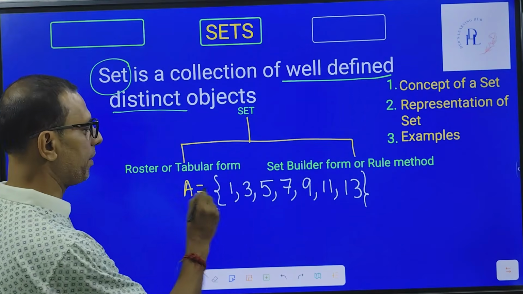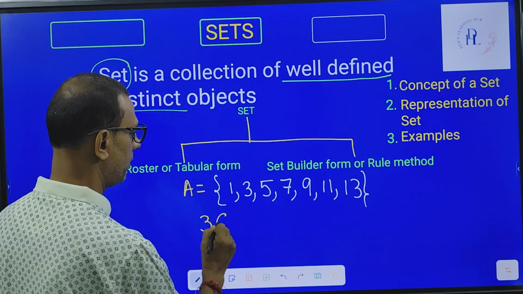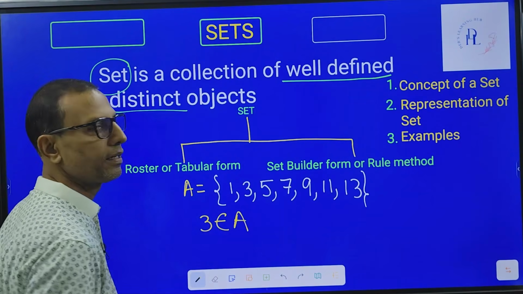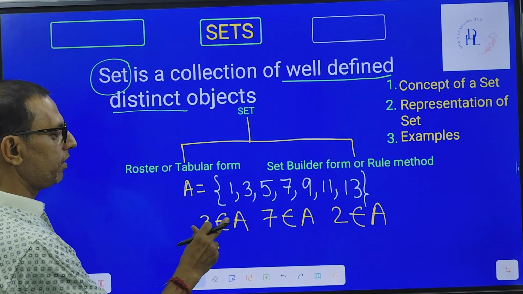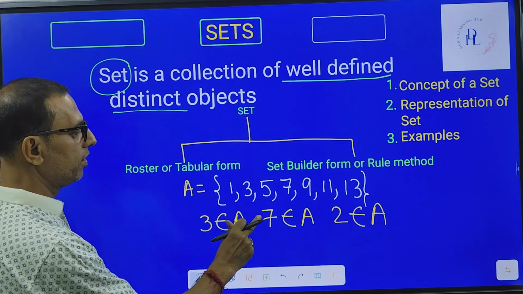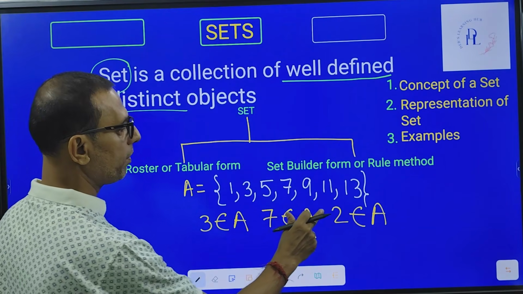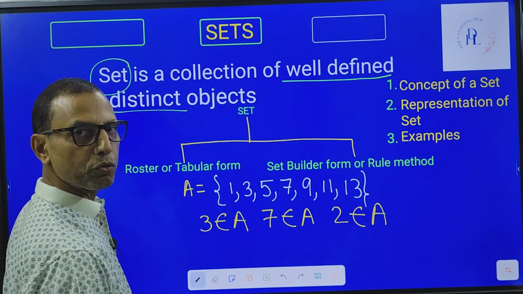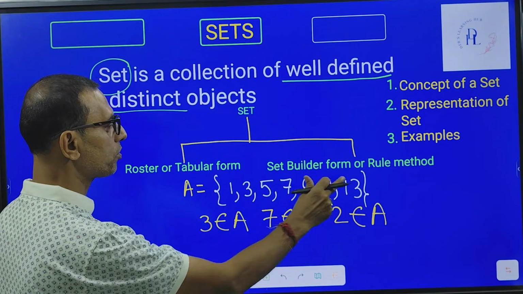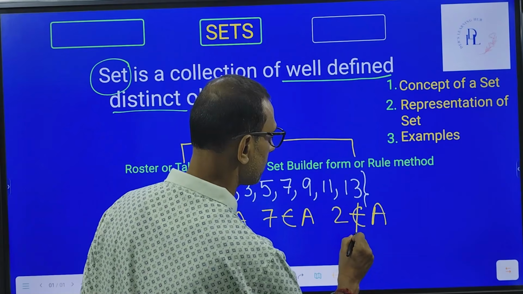Let's say 3 is a member of set A. How can you represent it? 3 belongs to A. If I say 3 is a member of A, that's how the symbol has to be used. This is true. 7 is a member of A. This is true. But 2 is a member of A. Is it true? No, it is not true because 2 is not a member of set A. So in that case, you will put a cross.